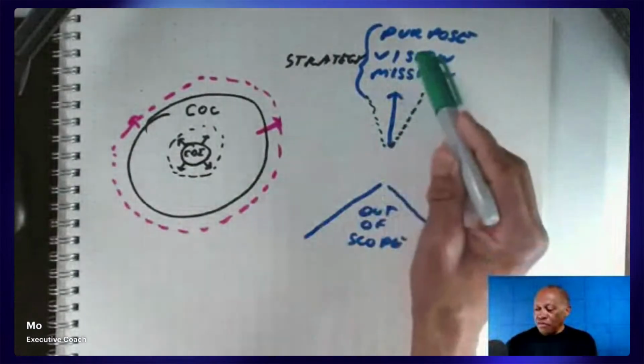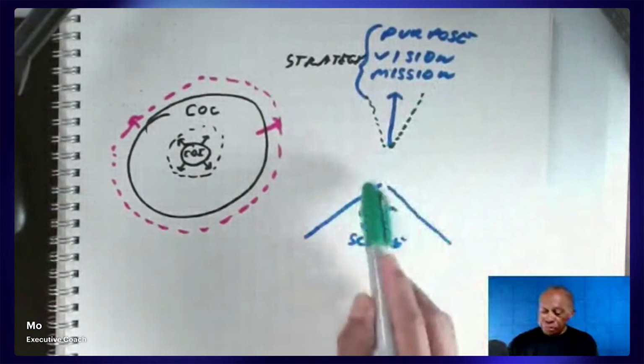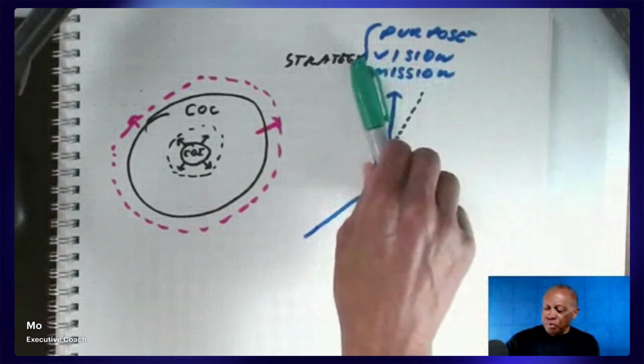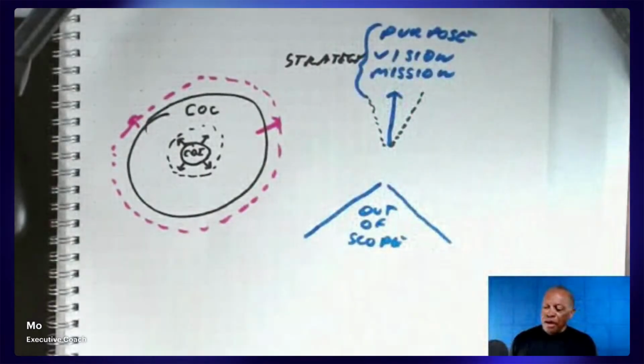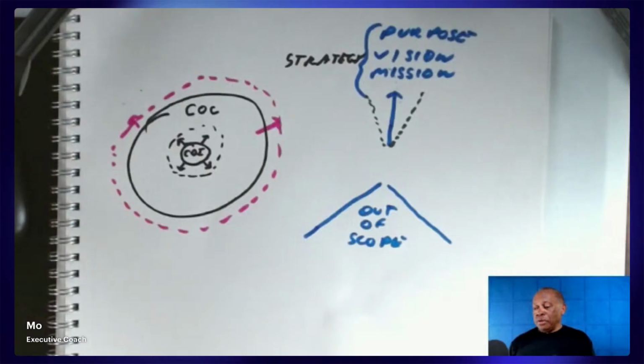And having a purpose, vision, and mission enables you to put some parameters around this. People initially don't like having boundaries and parameters and curbs, but curbs increase your freedom of action because it helps people get focused, and there's only so many things that they're going to be able to do.